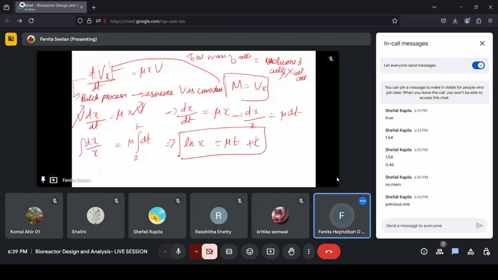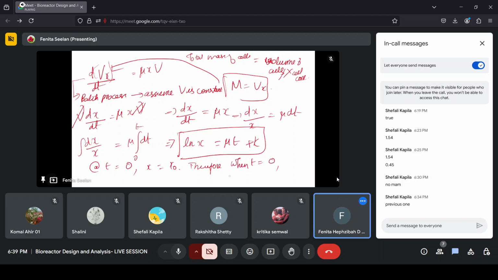So we have to take another assumption that at the initial time, or at the beginning of the cell growth, or beginning of the exponential growth, x is equal to x naught. Therefore, when t is equal to 0, x we have to apply as x naught.